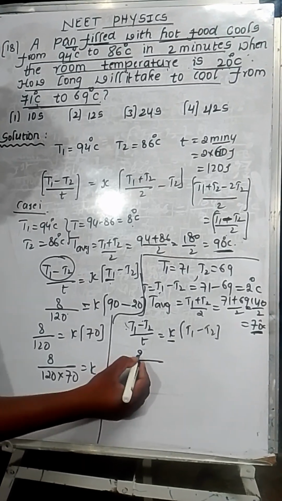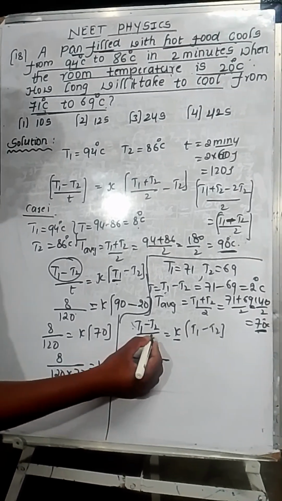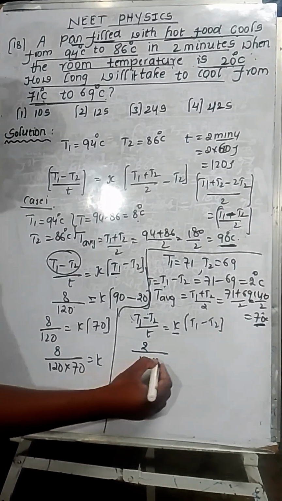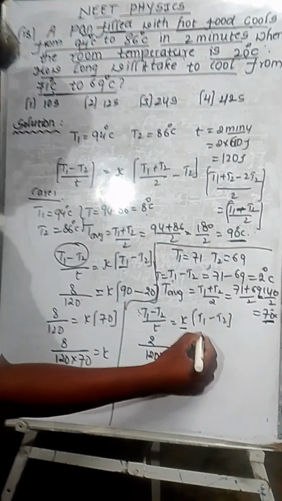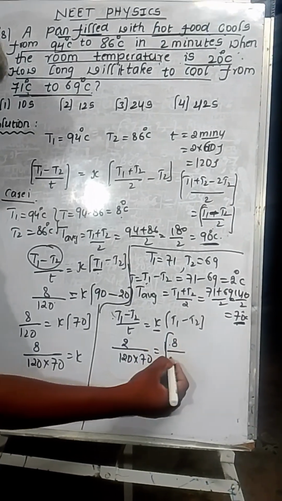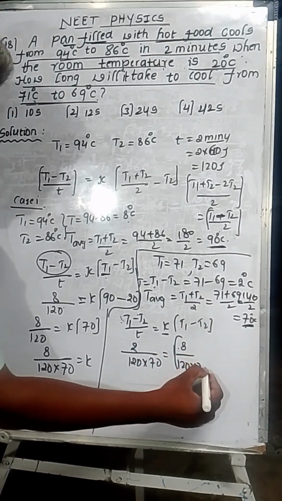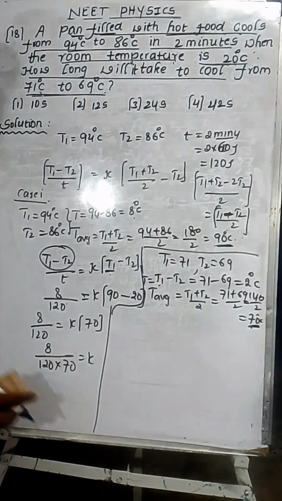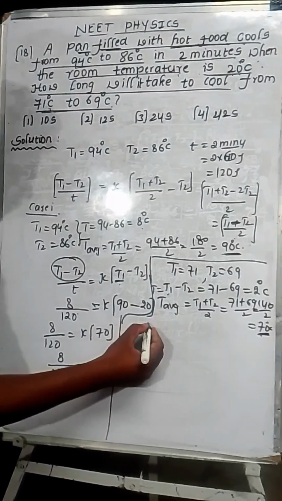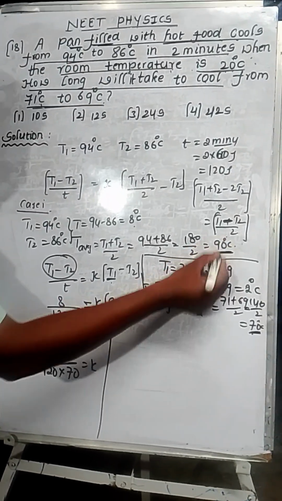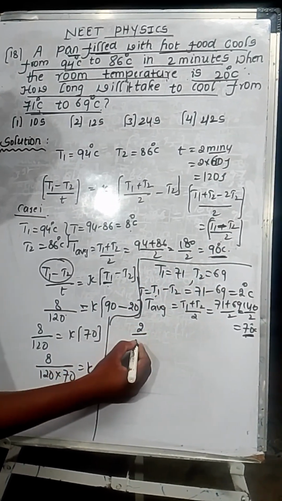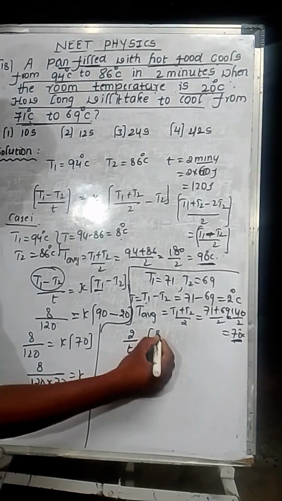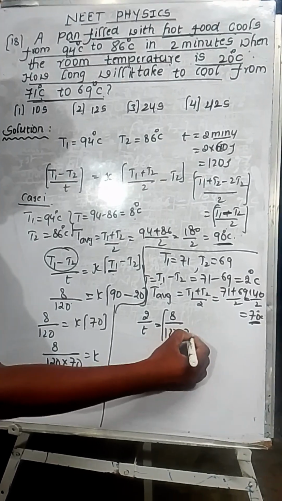So 2 by t is equal to, now I am writing the K value, 8 by (120 into 70).